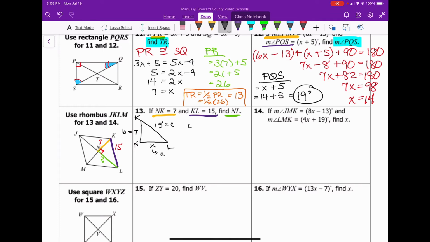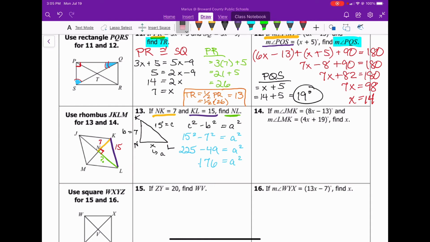So since we have C and we have B, we're basically trying to find A. So we would have to use C squared minus B squared equals A squared. And then we would just go ahead and fill those in. So 15 squared minus 7 squared equals A squared. That's 225 minus 49 equals A squared. That's 176 when you subtract them. Equals A squared.